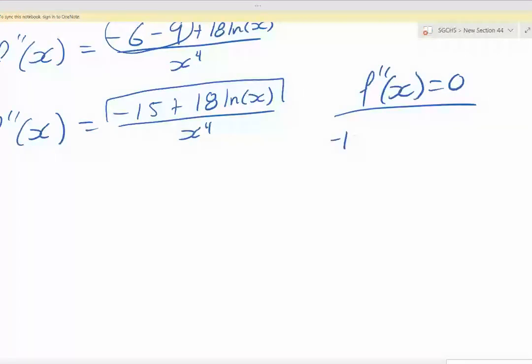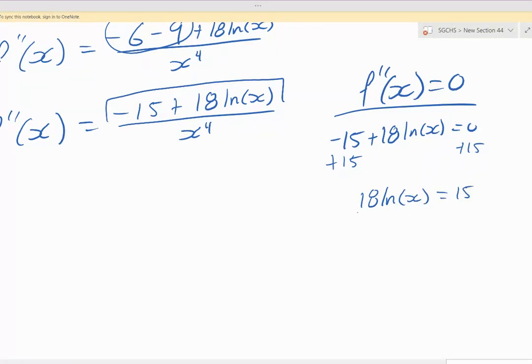So what value of x will make my numerator equal 0? Now we can solve for x. Add 15 to both sides: 18 ln of x equals 15. Then divide by 18. 15 and 18 both have 3 in common, so we can divide out a 3. That will give me 5 over 6.